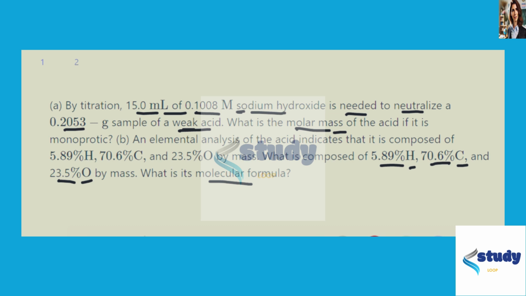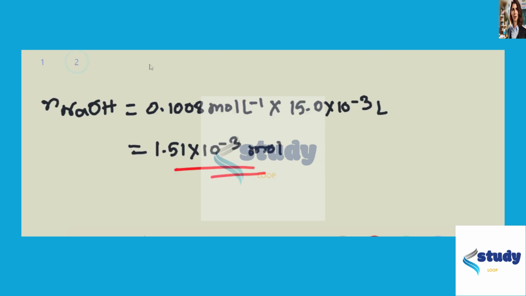Now we are told that the acid is a monoprotic acid, and since sodium hydroxide contains one hydroxide group, 1 mole of sodium hydroxide will be needed to neutralize 1 mole of a monoprotic acid. That means this much mole of sodium hydroxide will be needed to neutralize the same number of mole of a monoprotic acid.